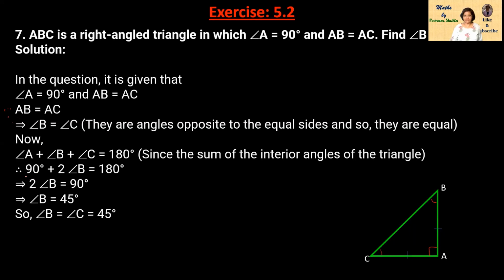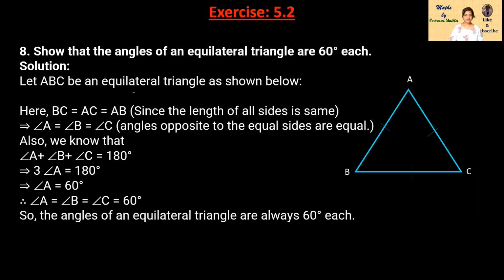In place of angle A, we have written 90 degrees. So 90 plus twice angle B, because we substituted B in place of C, equals 180 degrees. So twice angle B equals 90 degrees, so angle B will be 45 degrees. Because angle B equals angle C, angle B and angle C will both be 45 degrees.